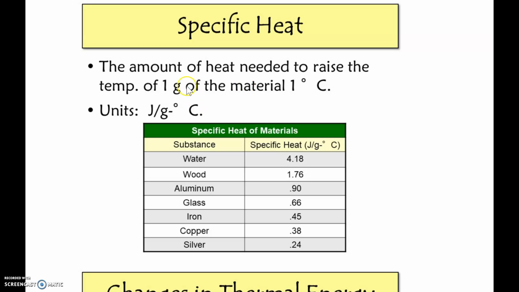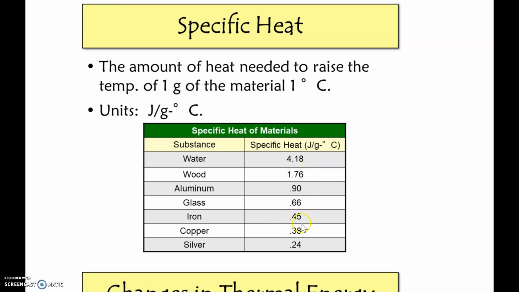Specific heat is the amount of heat needed to raise the temperature of 1 gram of a material 1 degree C. Let's make sense of this. Compare the iron number right here, 0.45, and the water number, 4.18.